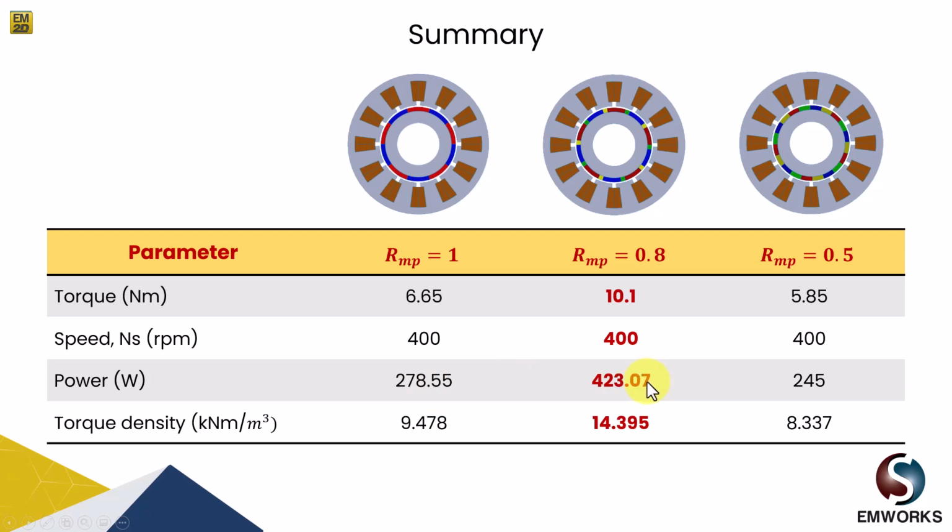Since the volume of the overall machine is the same and the torque is higher for the second model, we get the higher torque density also for the second model. Then comes the first, which is surface mounted, and then the third model, which has a ratio of 0.5. But we also obtained that the back EMF and the flux linkage were much better for the model having a ratio of 0.5. Overall, one of the important criteria for us was to obtain the torque density, therefore 0.8 gets a better result.